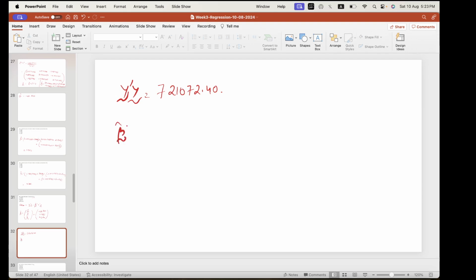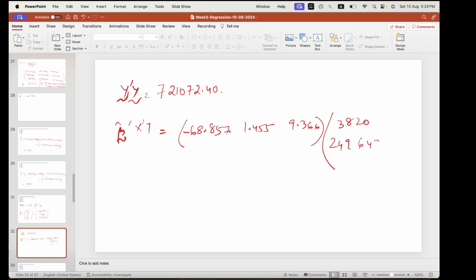Now beta hat transpose x transpose y is minus 68.857, 1.455, 9.366 into 3820, 249643, 66073. So if we calculate this, would be how much?